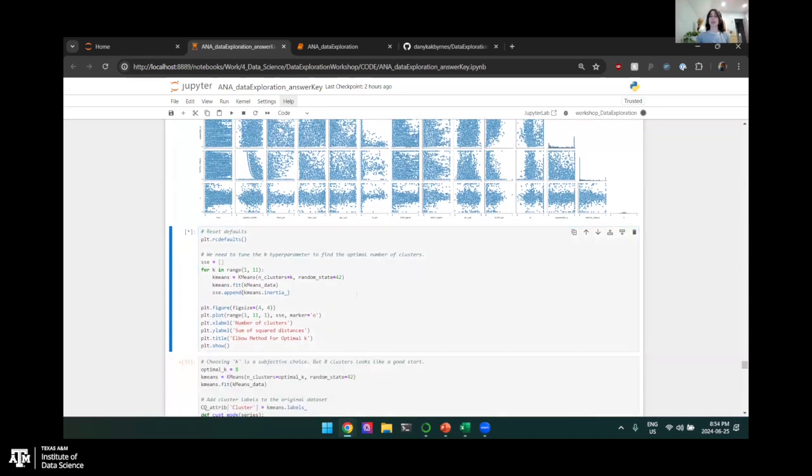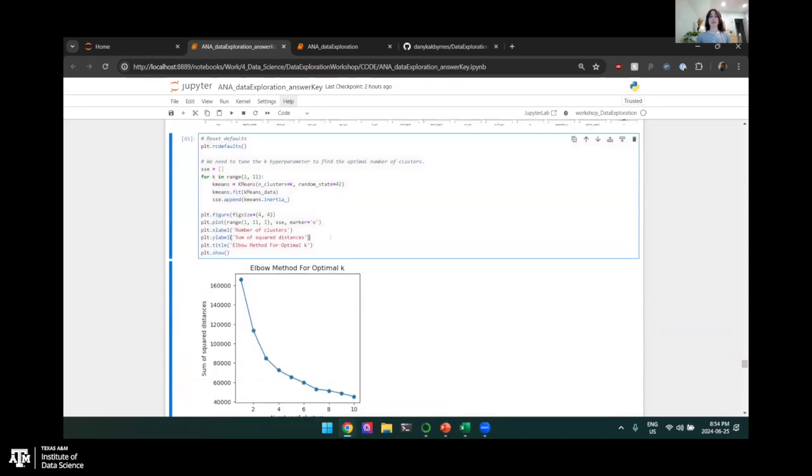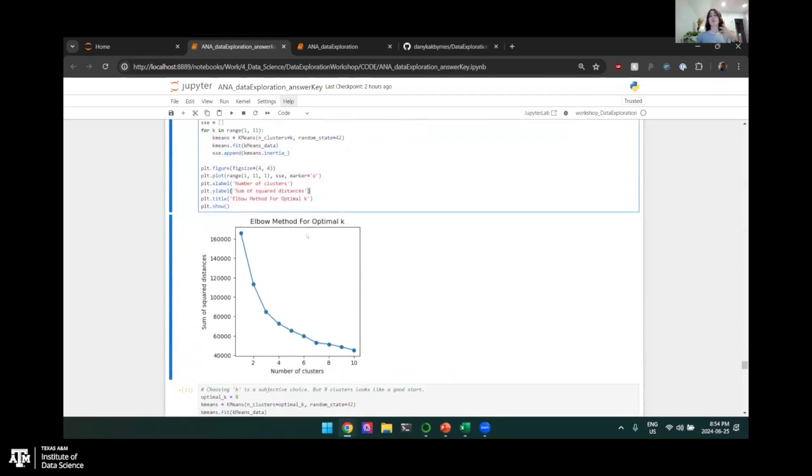Okay, so we're going to apply k-means clustering, and the one hyperparameter in k-means is the k, how many clusters you're going to have. To choose this, it's very much an art, not a science. You can use hyperparameter tuning, where you put in a bunch of different k values and see what the error is for your data set.